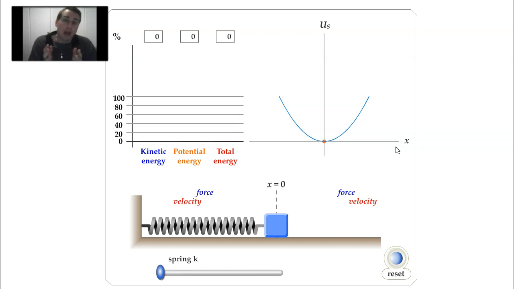Okay, so welcome back. Hopefully what you said is that the slope of the parabola should be steeper. Why is that? Well, we know that the negative spatial derivative of the potential energy versus position, that is minus dU/dx as a derivative, is going to be the Hooke's law spring force.